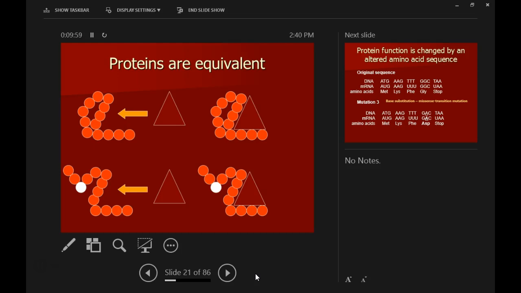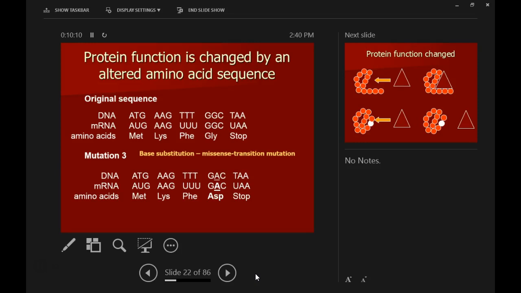Now sometimes that can go differently. Let me grab the other one. Okay, so let's try another one. Here we have our codon, GGC, and in this case, I've replaced the G with an A. This one is also a base substitution because we went from one base to another base.